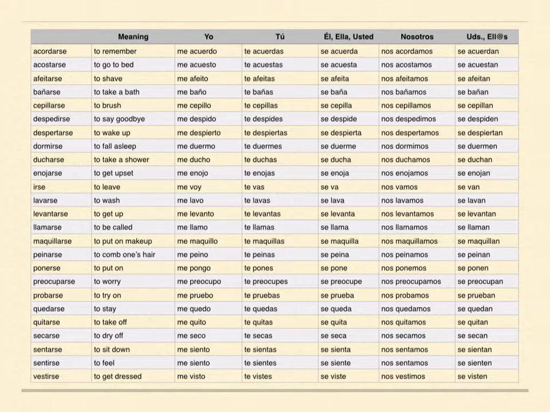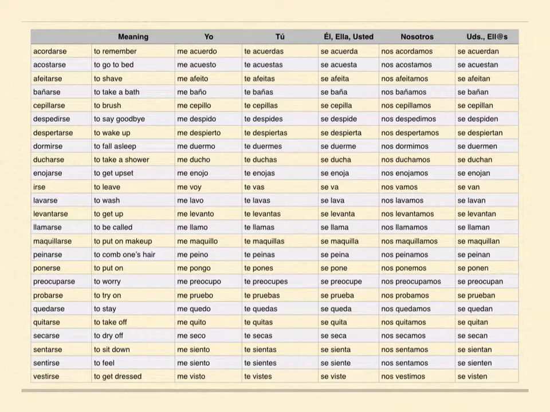With él, ella, and usted, the se is mandatory. Se acuerda. With nosotros, the nos is mandatory. Nos acordamos. And with the ustedes, ellos, and ellas form, we have se, once again, mandatory, se acuerdan. Alright, so the subject pronouns are in the top, in the gray. Yo, tú, él, ella, usted, nosotros, ustedes, ellos, and ellas.